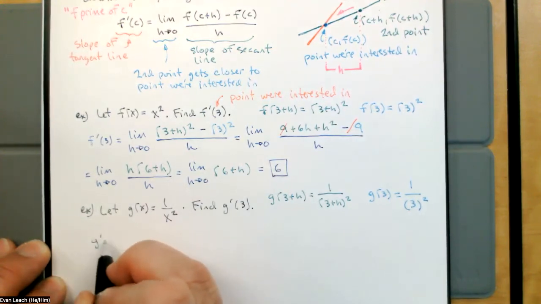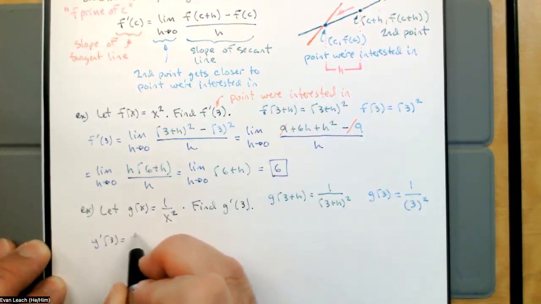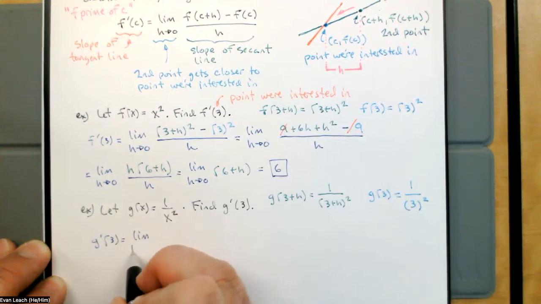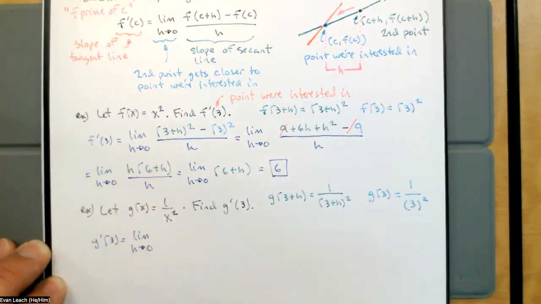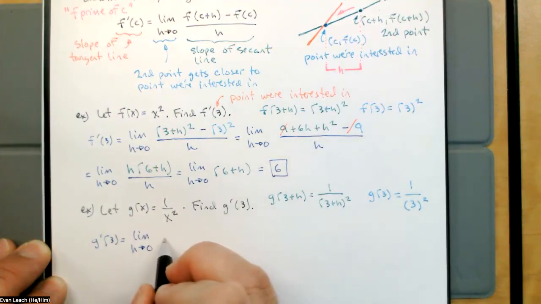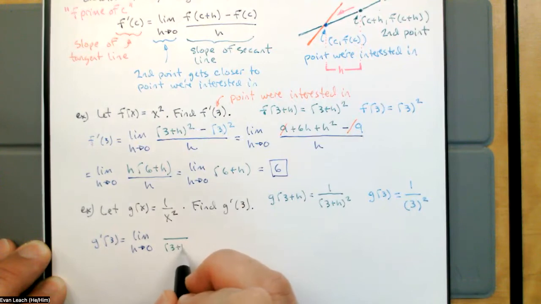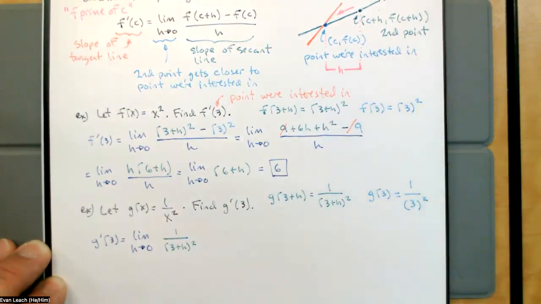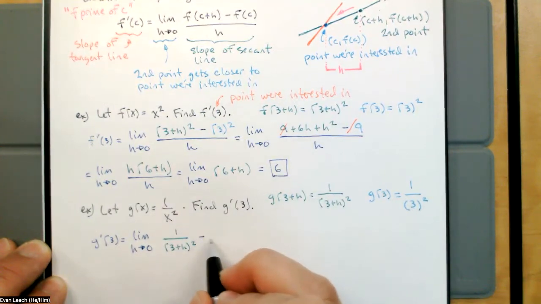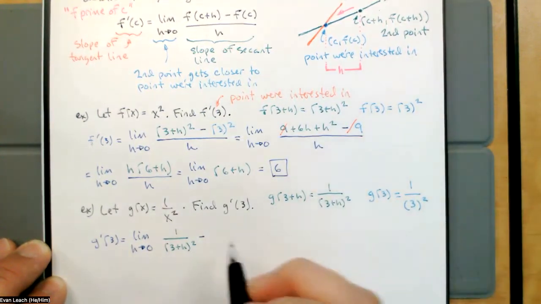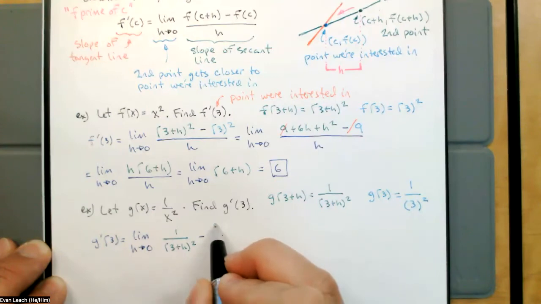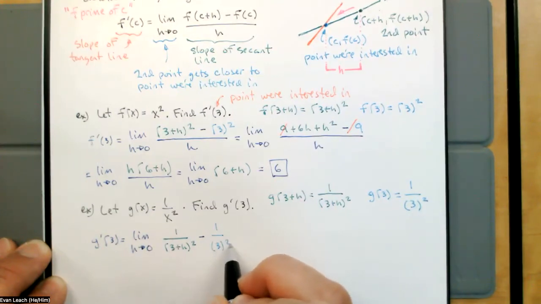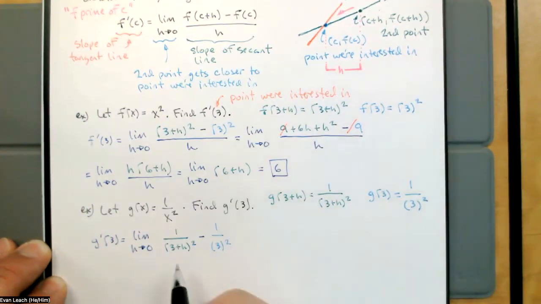So g prime of 3, we want the limit as h goes to 0. This is going to be messy because it's going to make a compound fraction here, or a complex fraction. So g of c plus h minus g of c all over h.